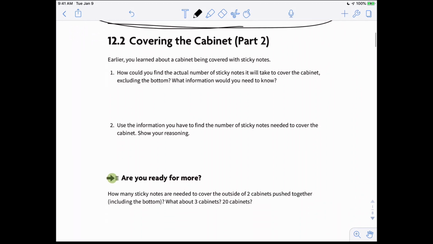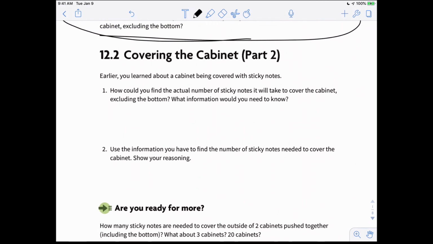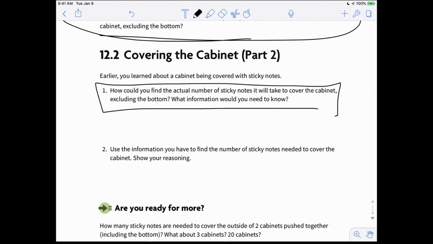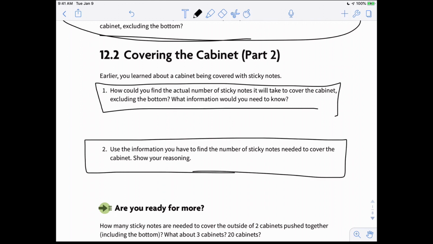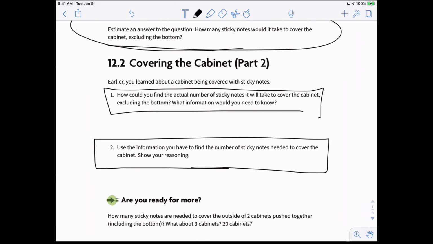And then the students are going to dig deeper into that observation and really come up with some actual, really strong estimations of how many Post-it notes are going to be needed to go around. Now, parents and teachers, this is that experiential opportunity for students to grapple with the meaning of surface area.